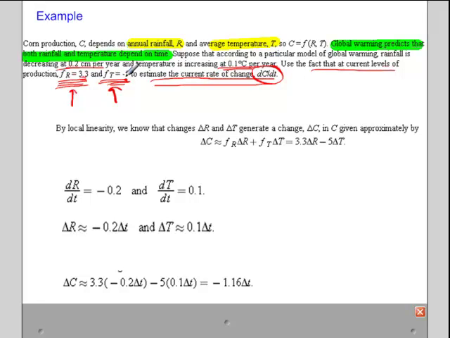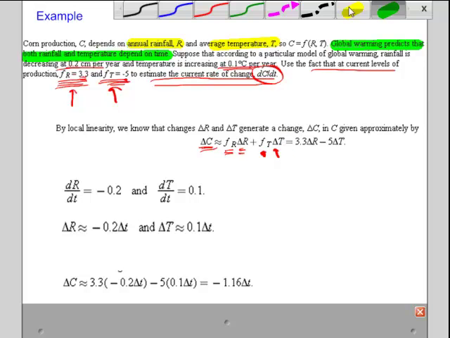So what we know is that our change in corn by local linearity is our partial derivative with respect to rainfall times the change in rainfall plus the partial derivative with respect to temperature times the change in temperature.